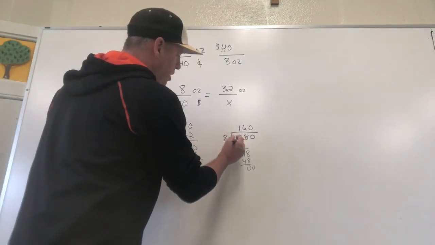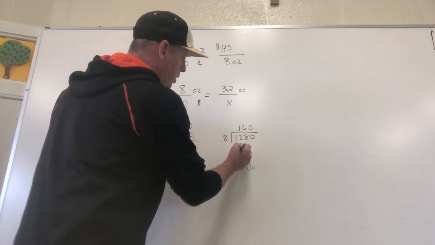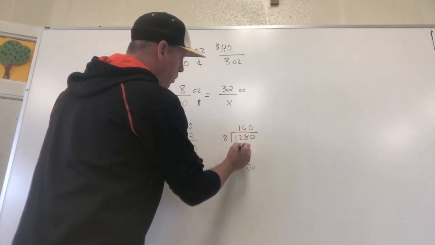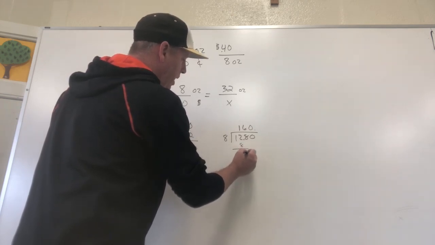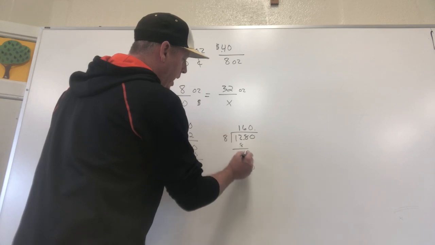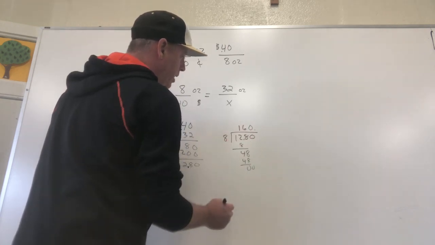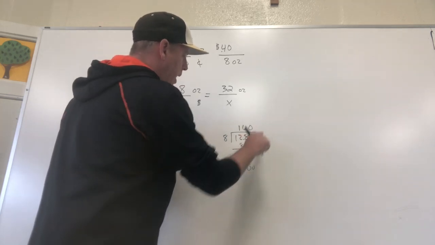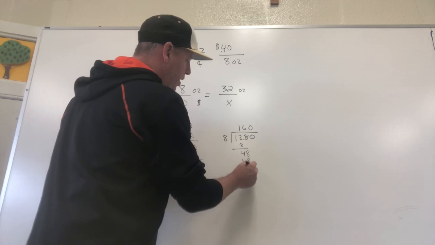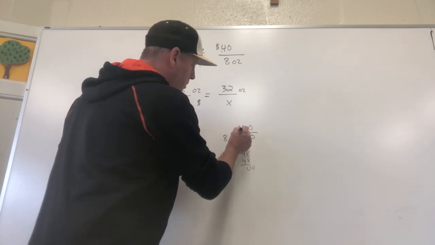8 does not go into 1, but it does go into 12 one time. I put my 1 down, carry the 8. There's a 4 remaining. I bring down the 8, 48. 8 goes into 48 6 times. My remainder is 0. I bring down the other 0. There's my decimal point.